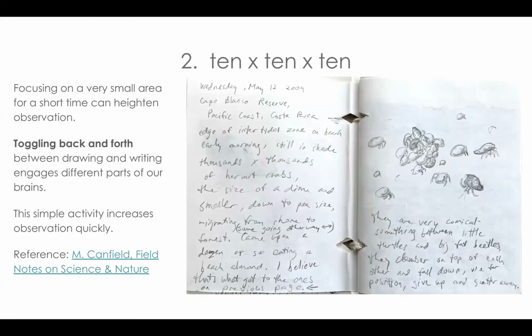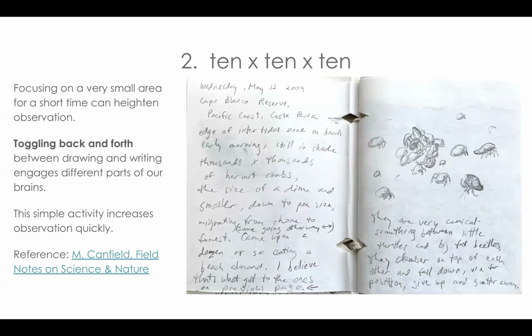Ten by ten by ten, similar to those frames. I have students sit for 10 minutes and draw something in a small area, about 10 centimeters. The size of the palm of your hand is what I tell people. Draw something the size of the palm of your hand and then write 10 observations that you made.